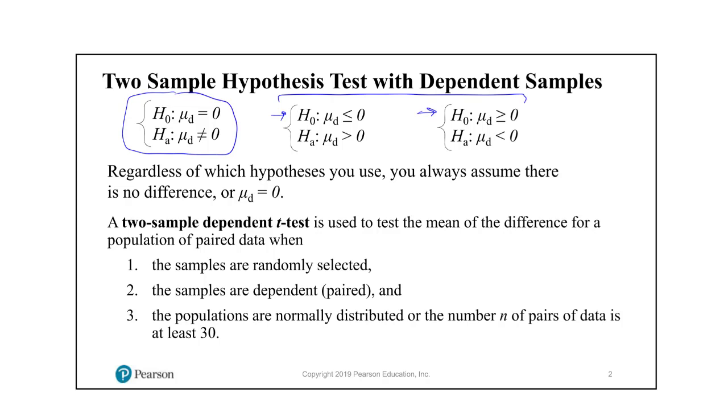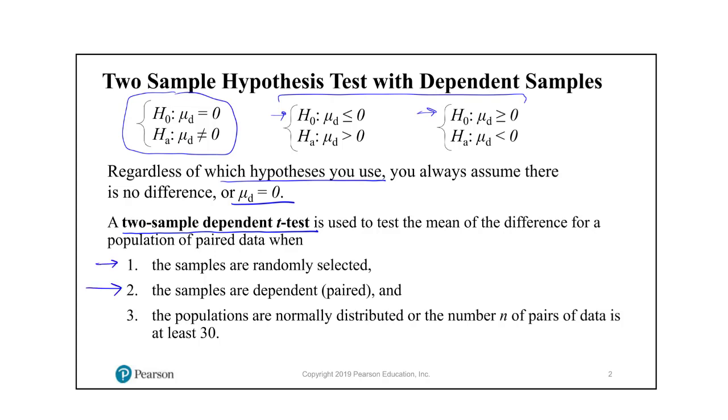Again, just like before, regardless of which hypotheses you use, you're assuming that mu D is 0 and seeing what you can conclude based on the samples. In order to do this two-sample dependent t-test, to test the mean of the difference for a population of paired data, we need the samples to be randomly selected.